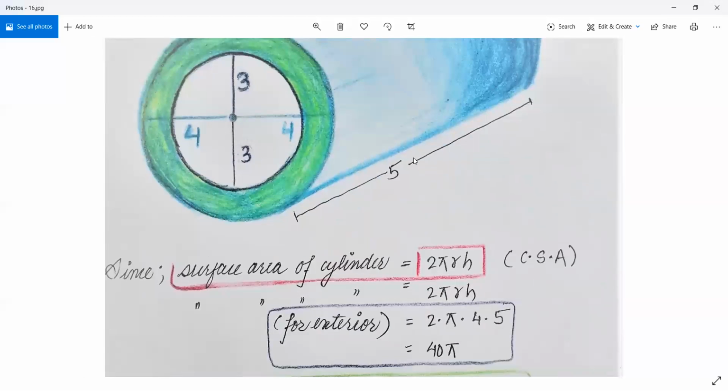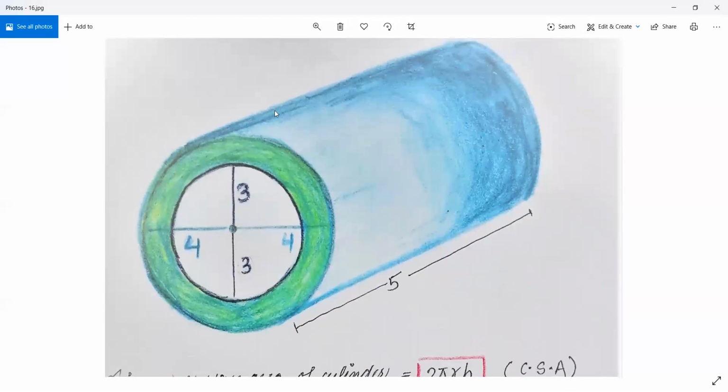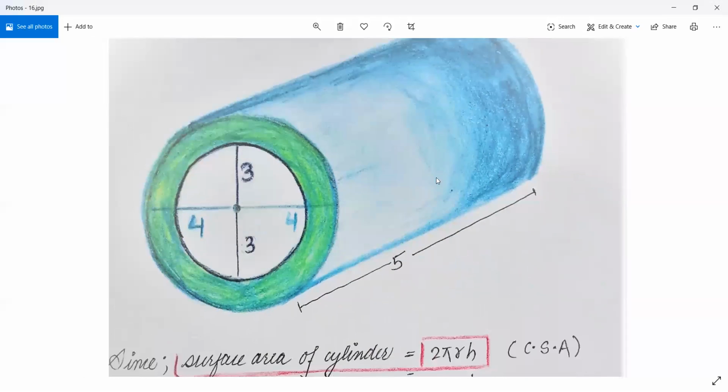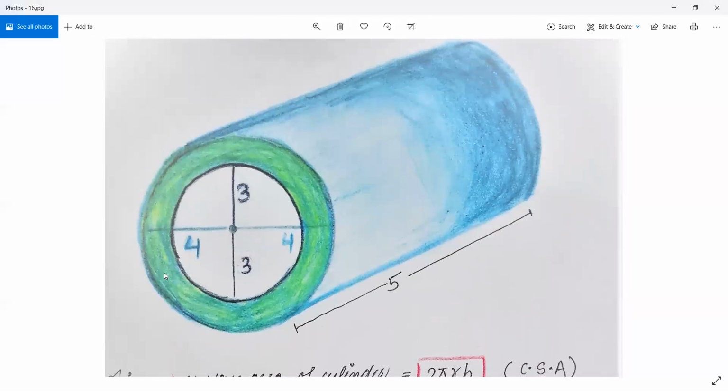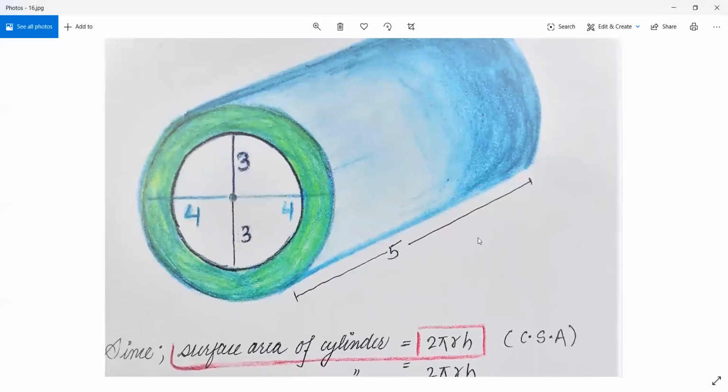First, let's take out the curved surface area of the exterior part. The formula for curved surface area is 2 pi r, which is the circumference of the circle. When you multiply it with the height, you get the curved surface area of the cylinder.